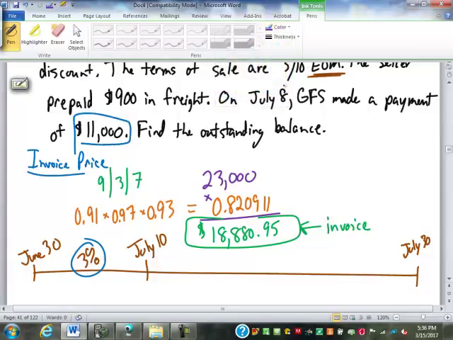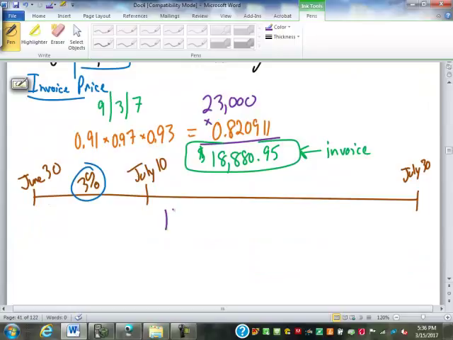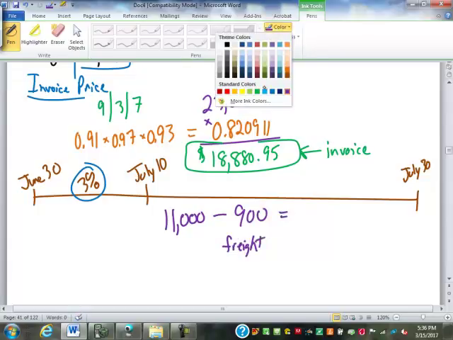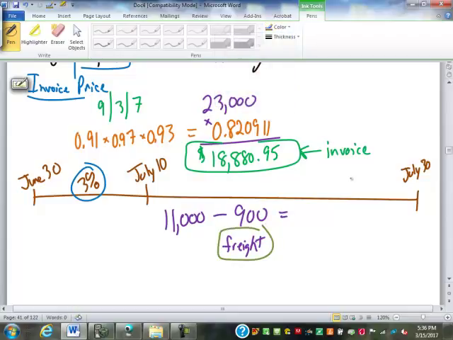What's the first thing that has to happen to that $11,000 payment? Take out the freight. That $11,000 payment minus the $900 for freight. So it's $10,100 that's going to get applied towards the invoice.